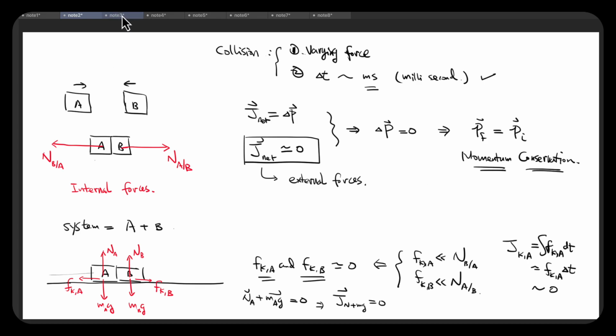Okay, so it's a collision in mid-air. Okay, so let's say there's this object A colliding with object B in mid-air.